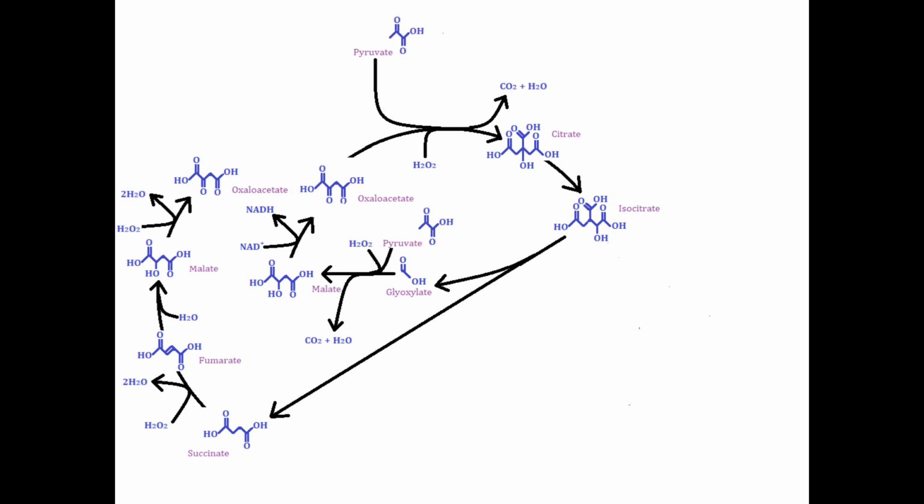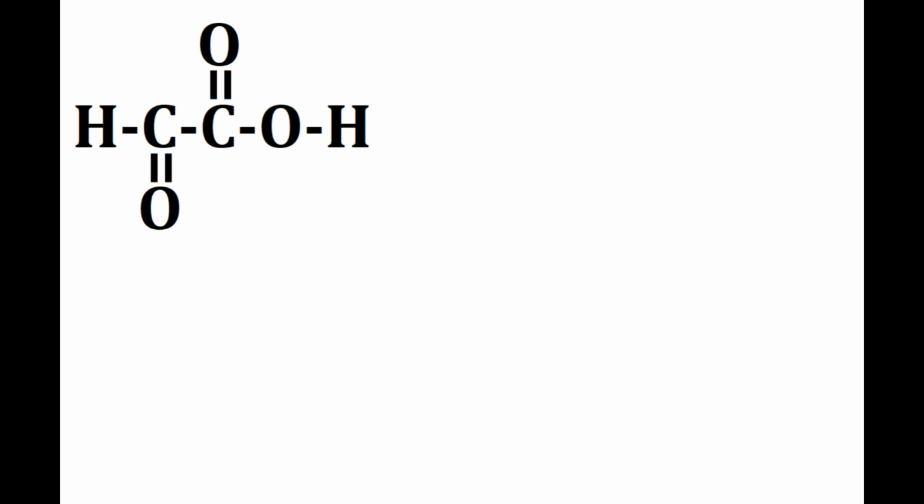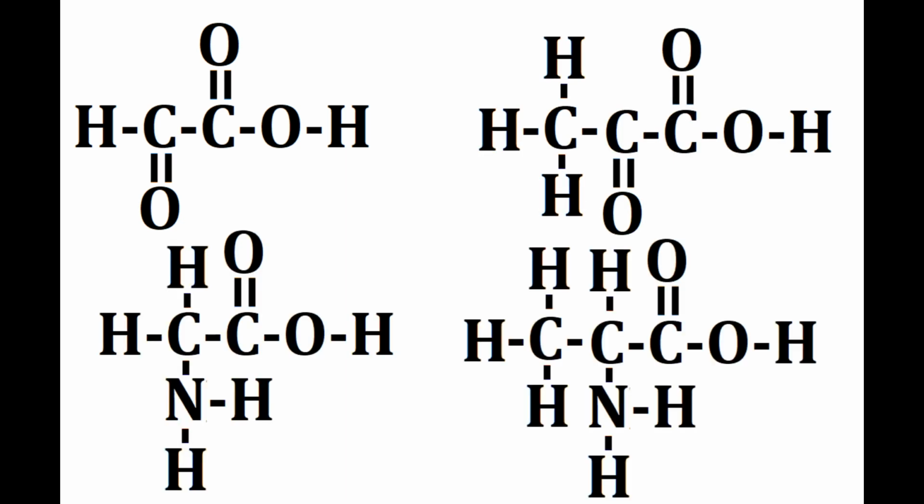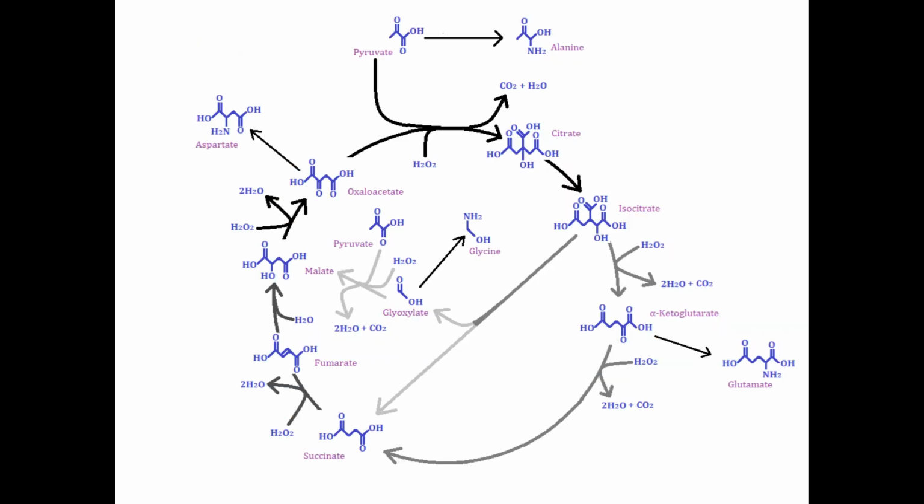This has also been observed in abiotic settings, but here a second pyruvate is added to the glyoxylate. Glyoxylate and pyruvate are the corresponding alpha-ketoacids of glycine and alanine respectively. As such, some of the intermediates could become aminated, becoming amino acids versus continuing in the cycle.